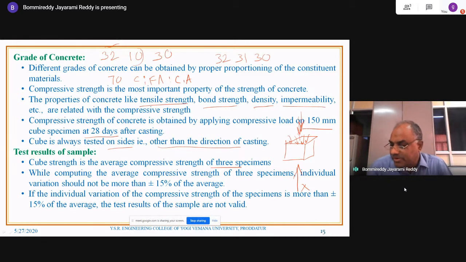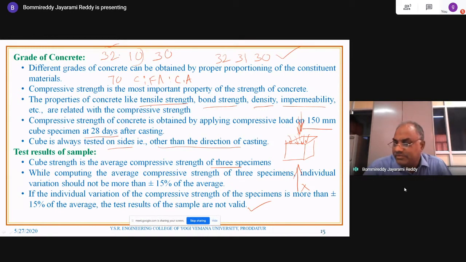If the individual variation of the compressive strength of the specimens is more than plus or minus 15%, that means it may be less than 15% or more than 15% of the average, the test results are not valid. For example, if the values are 32, 31, 30, you can consider the average value, because the variation is less than 15%.